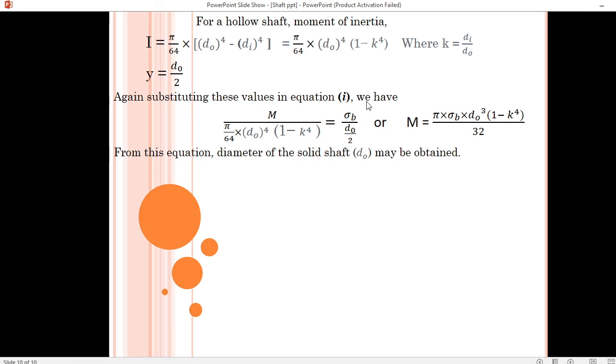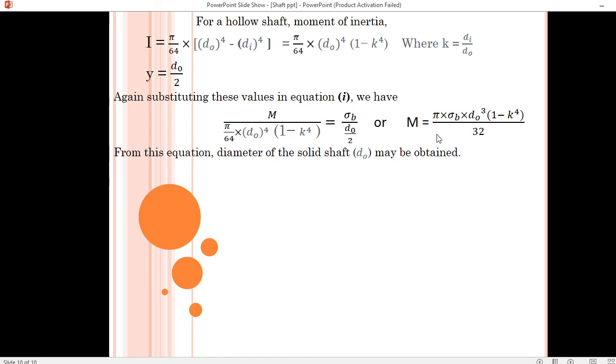Again we substitute in equation 1. So we get M by pi by 64 d0 to the power 4 into 1 minus k to the power 4 is equal to sigma b divided by d0 by 2.